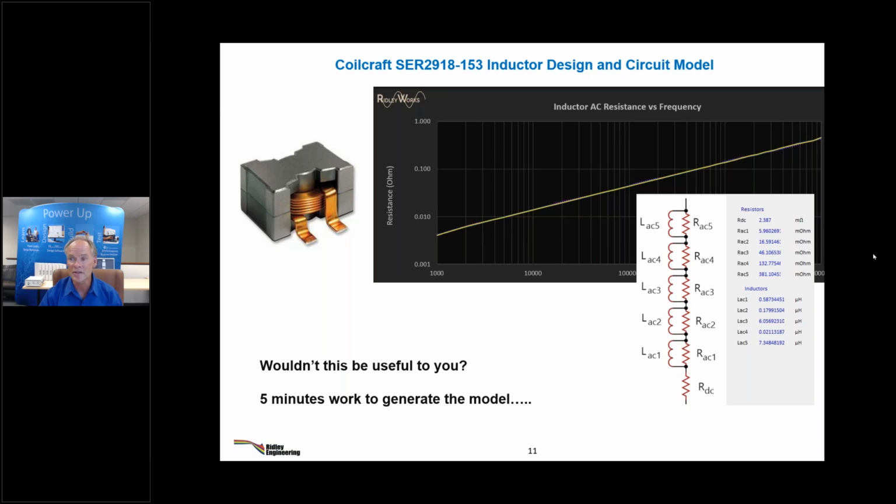Good vendors can do this too. I know lots of the magnetics vendors on here do really good custom work. Some of them also have our Coilcraft design software. You can have these conversations with them, and they can help you with this design, but of course they're busy doing everybody else's design too. So there you go.